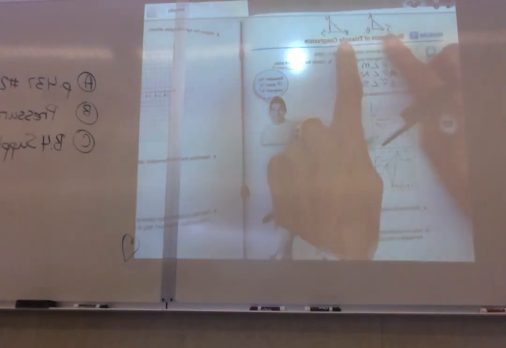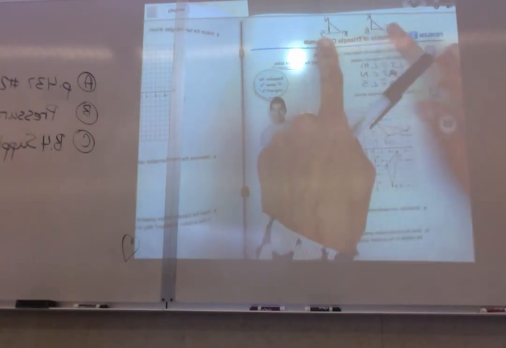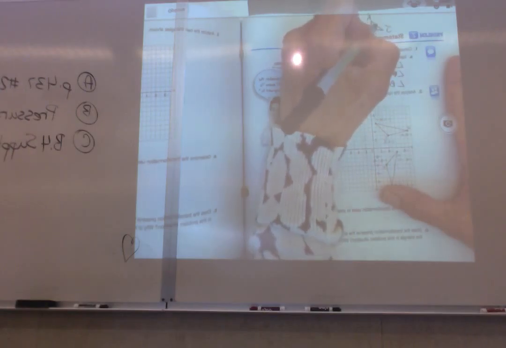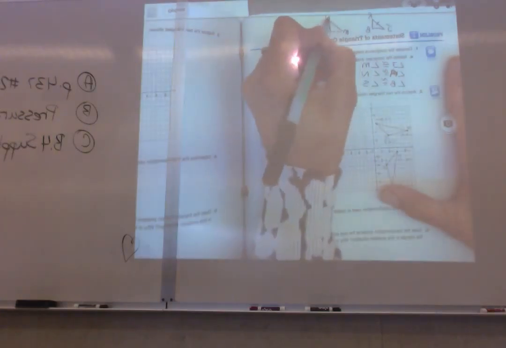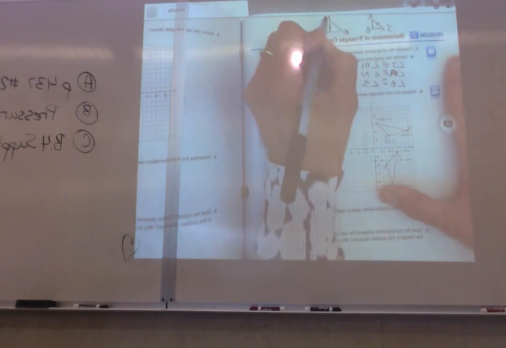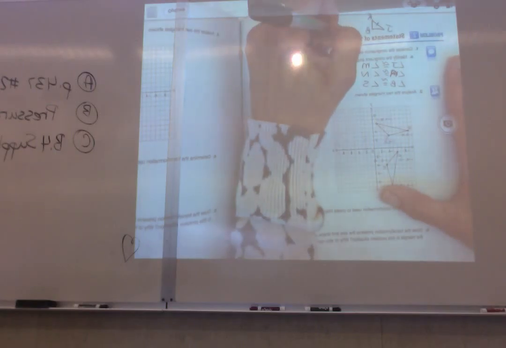And again, corresponding angles. So now, JR. Who does JR correspond with? Well, if I know J and M match up and R and N match up, it's going to correspond to that side right there. Are you with me?